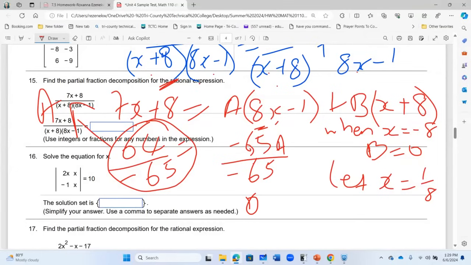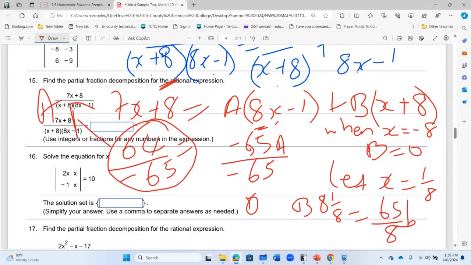And if this is 1 over 8, I have 8 times 1 over 8. So I have 8b plus, I just have 8 times 1 over 8. Alternatively, I can write 65 over 8 b. And then I go to the left-hand side.